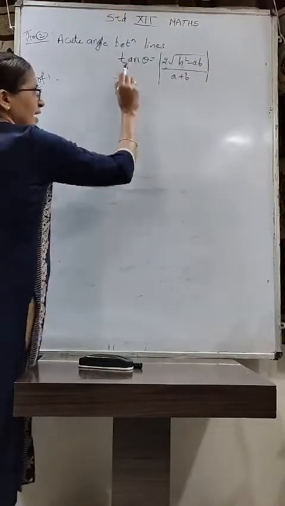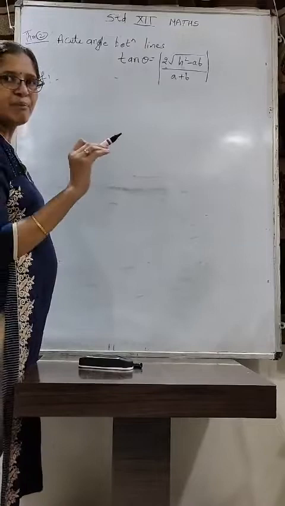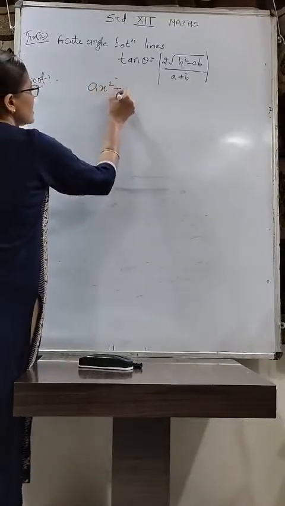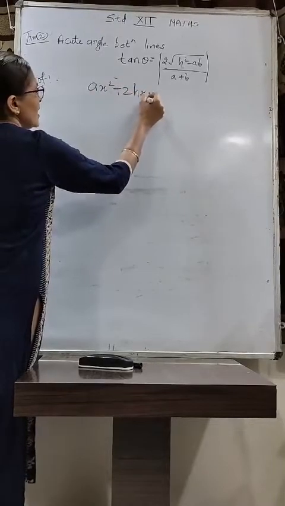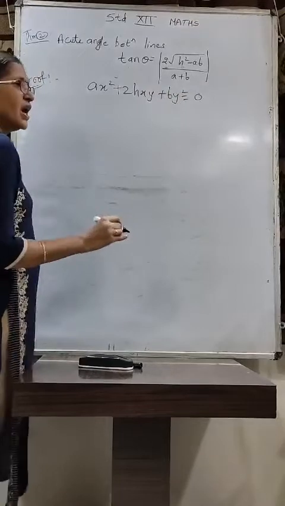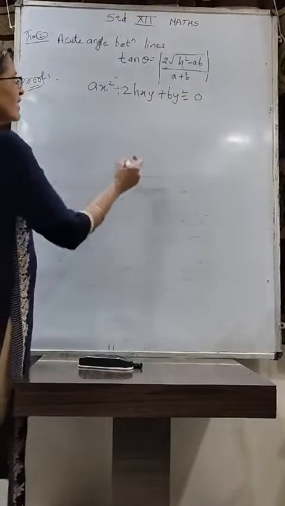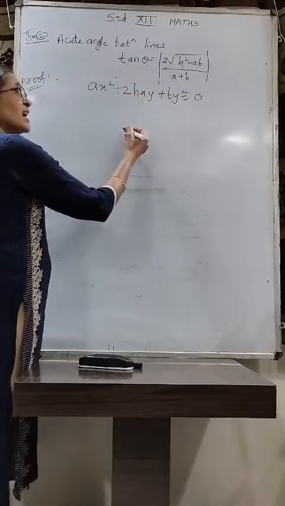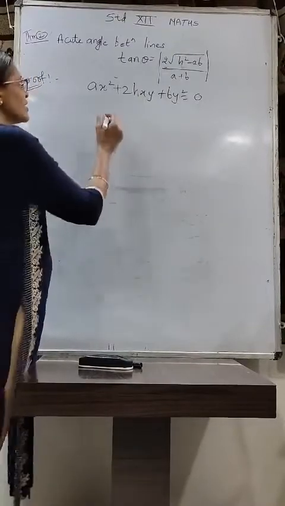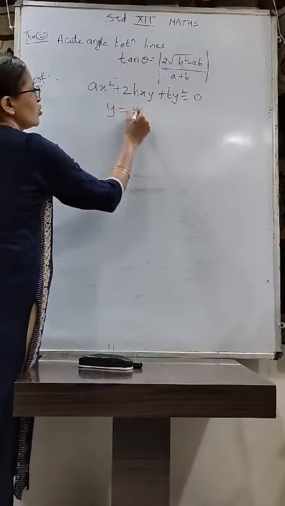Now, angle between lines. So I will start with the pair of lines. Pair of lines is ax square plus 2hxy plus by square equal to 0. Now here we will convert this equation in m. We know that m means slope of a line and it is always given by y equal to mx.